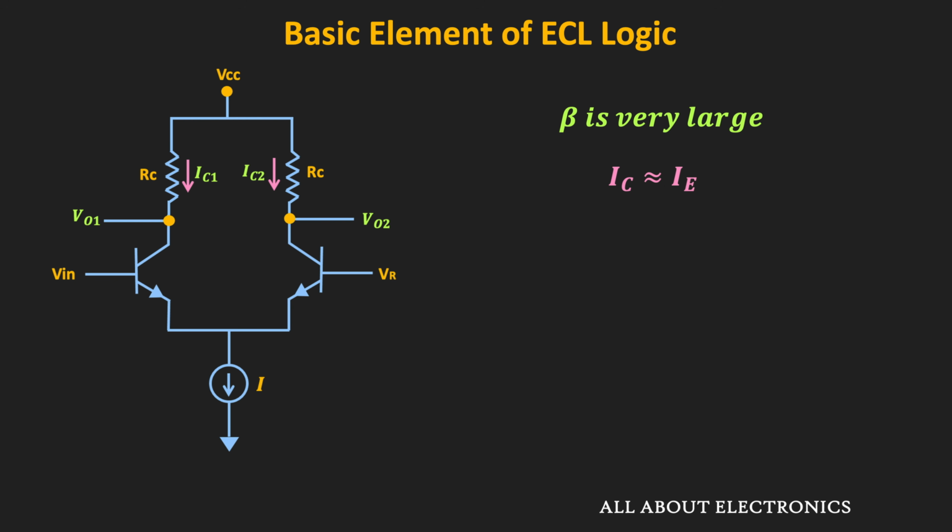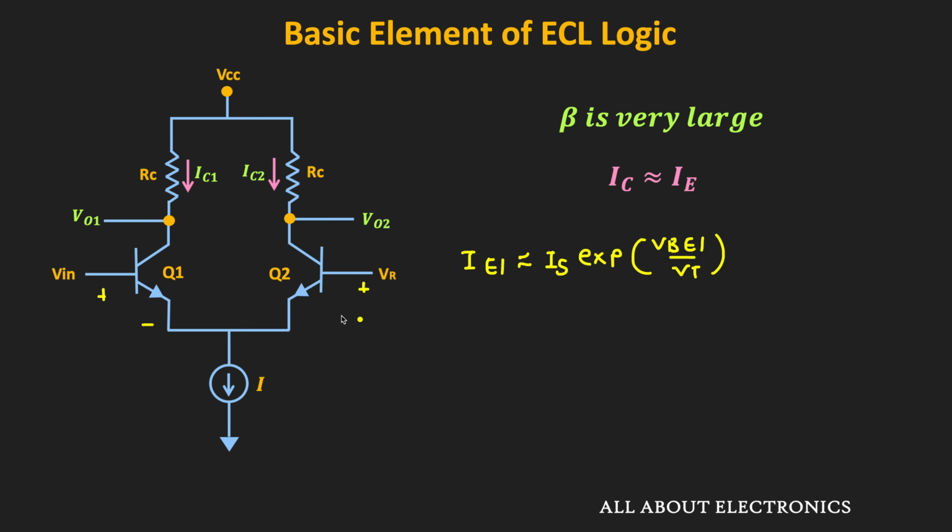Let's say the two transistors are Q1 and Q2 respectively. If VBE1 is the drop across the base emitter junction of Q1, then we can say that IE1 is approximately equal to IS times e to the power VBE1 divided by VT, where VT is the thermal voltage.